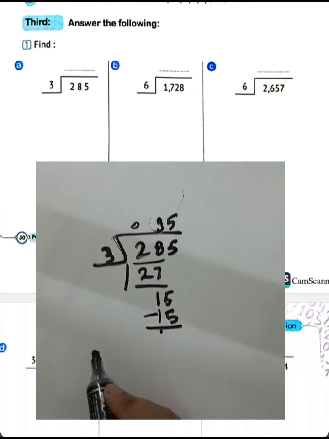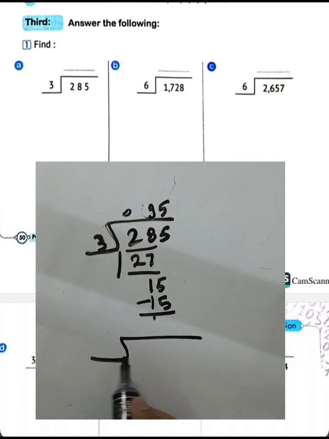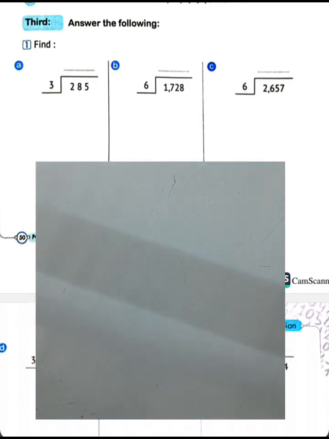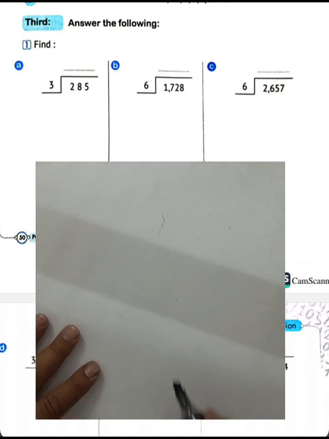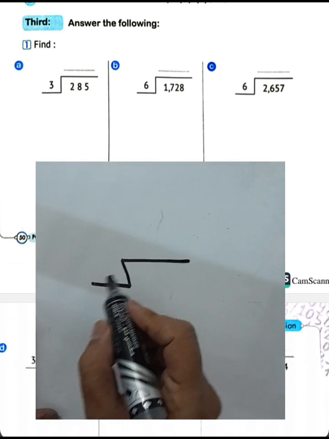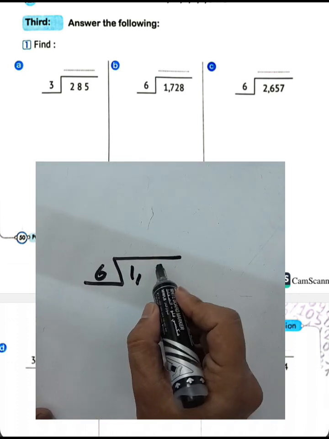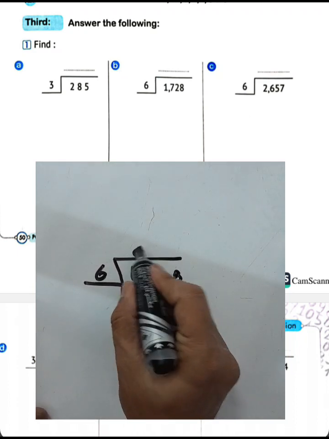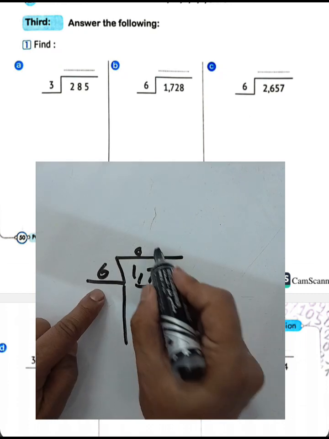Question number 2, we want to find the result here: 1728 divided by 6. We have long division here with 6. 17 divided by 6. We know 2 times 6 equals 12.